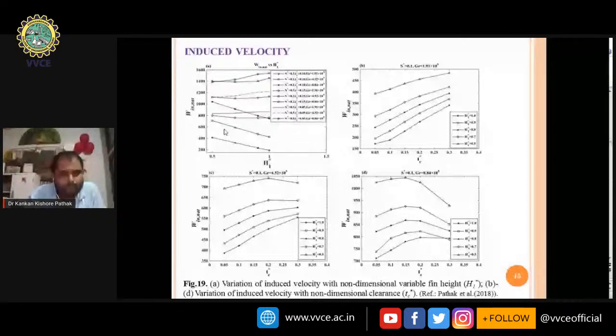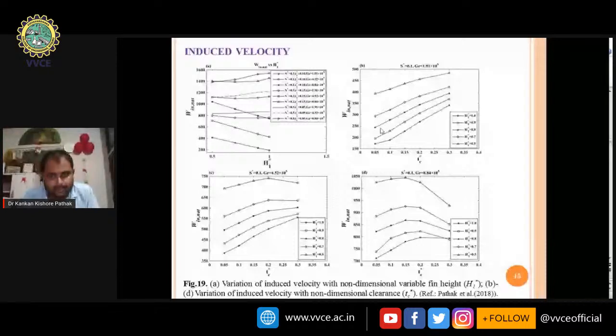And this is all because the induced velocity associated with the lower variable height of the fin is actually more. That is why the induced velocity, you can see here, is more, and the resistance is low. So similarly for the lower Grashof numbers also, for Grashof number 1.91 into 10 to the power 5, that is related to the 0.0 meter of height, we can see that induced velocity is always increasing here.